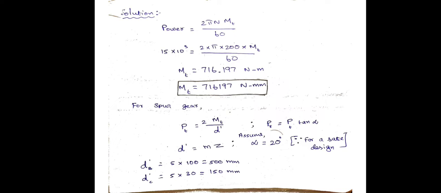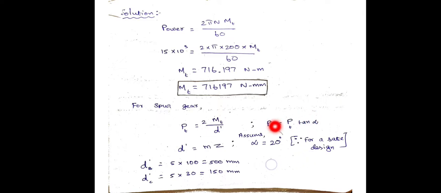PT, the tangential force, equals 2 into Mt divided by d dash. D dash means pitch diameter of the gear. For any gear, tangential force will be equal to 2 into Mt divided by d dash.